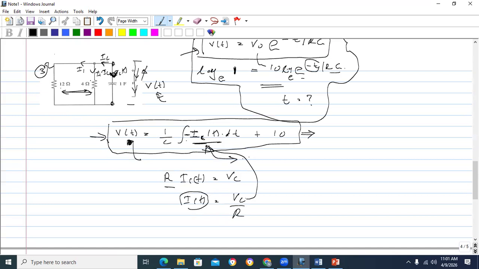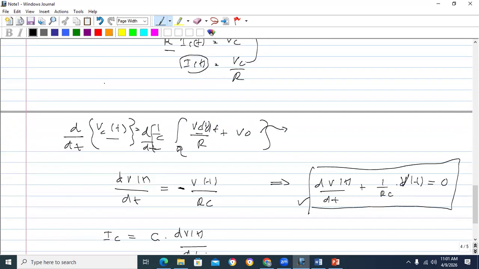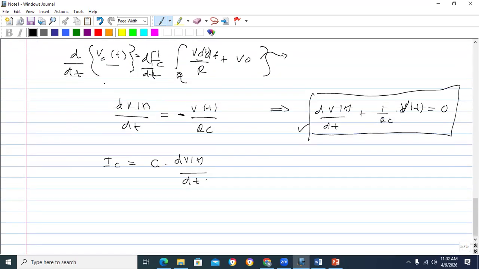And if you apply the Kirchhoff law, you can directly write this as IC R, this is the voltage across the capacitor, plus, not plus, it should be minus Vt.